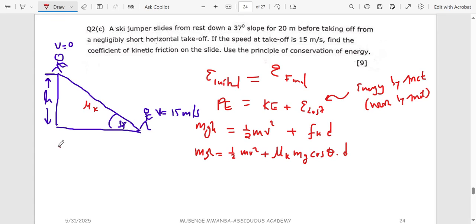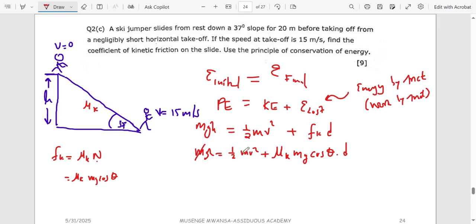So what am I saying? All I'm saying is that kinetic friction is equal to the coefficient of kinetic friction times the normal force, and the normal force itself is mg cos theta. So you just multiply this now by d.